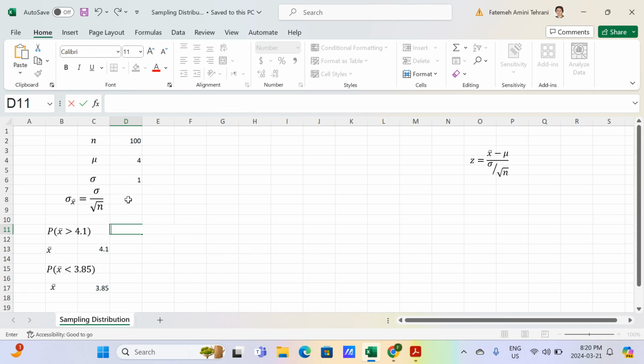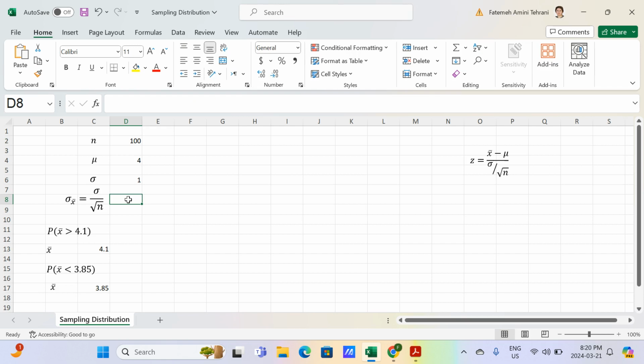In the norm distribution formula in Excel, I need to enter sigma over square root of n. Sigma over square root of n, or the standard error of the mean, is the standard deviation of x bar, of the distribution of x bar. Let's find that.